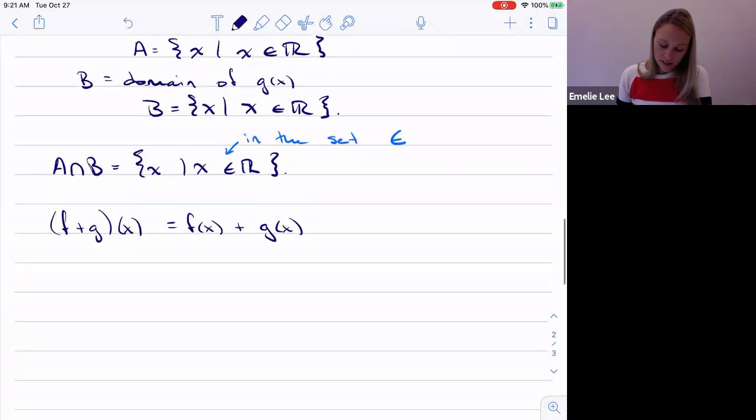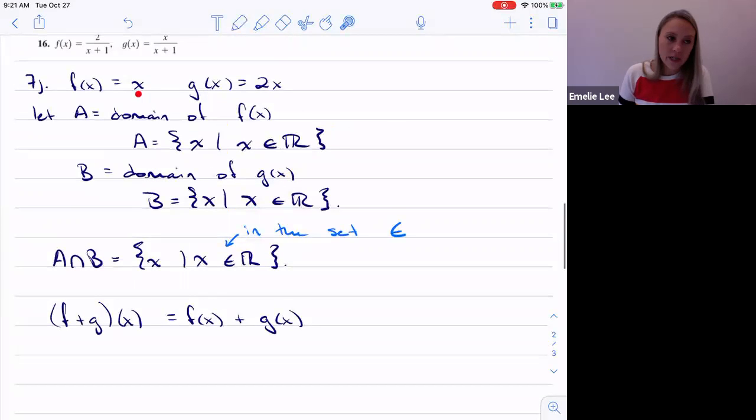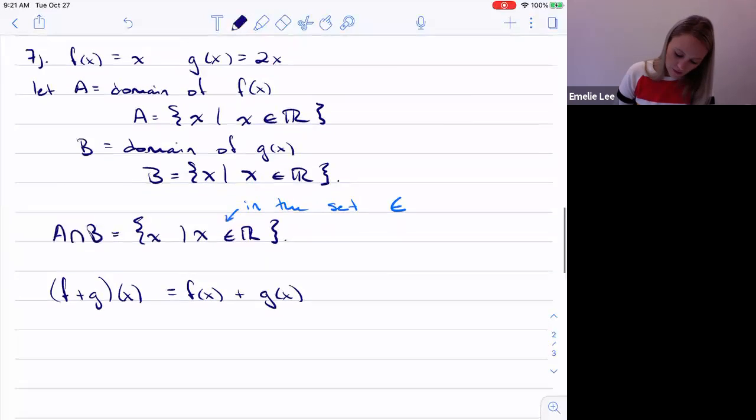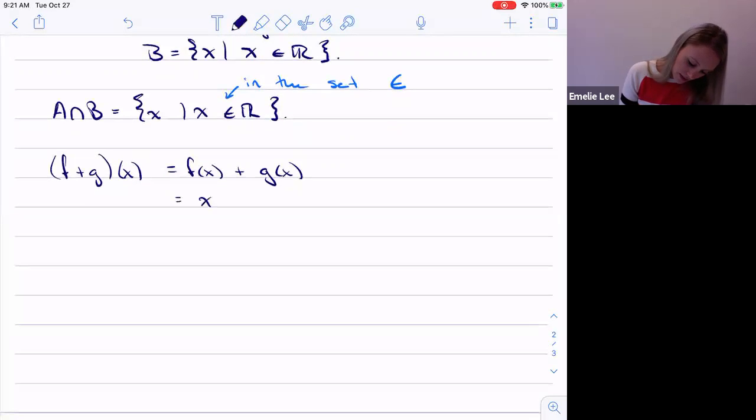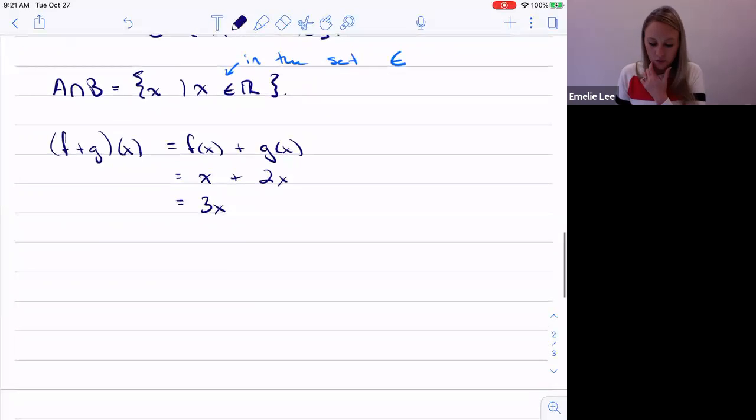So now we're combining these functions, and I know f of x is x, and g of x is 2x. So this becomes x plus 2x, which we can simplify to 3x. We've managed to make a new function, f plus g of x, which is 3x. It's just a combination of f of x and g of x.